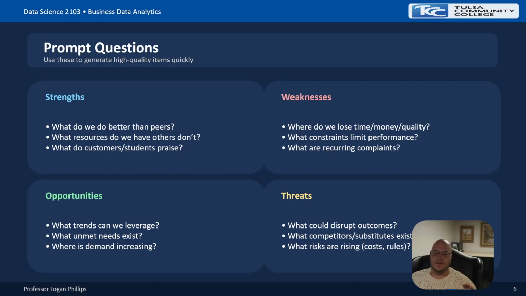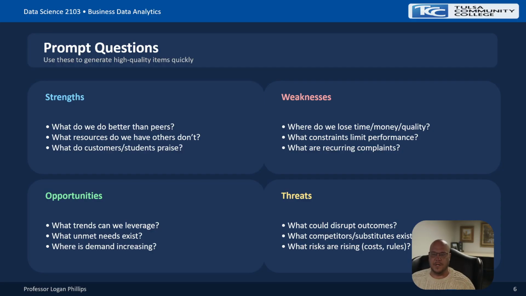For opportunities, what trends are we leveraging? What unmet need exists? Where is demand increasing? And then threats, what could disrupt outcomes? What competitors or substitutes exist? And what risks are rising? Cost, rules, funding, public trust. These questions are useful because they naturally produce items that you can measure and act on. The whole point being that decision.